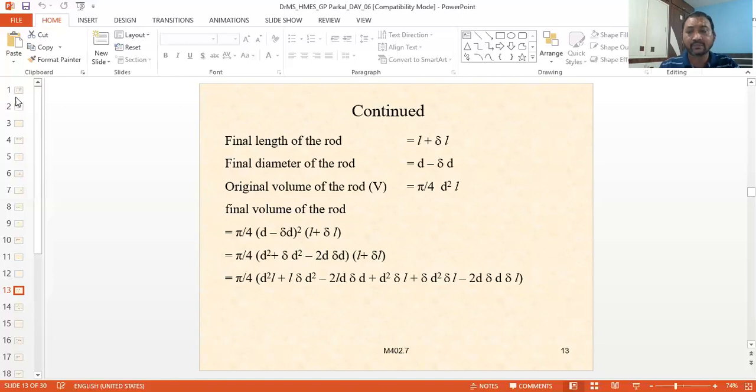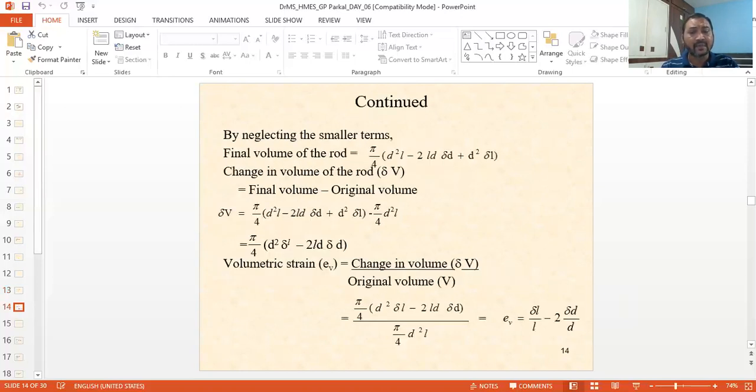Here also we have to simplify this equation. How to simplify? In the previous derivation also, we simplified the equation by neglecting the smaller terms.